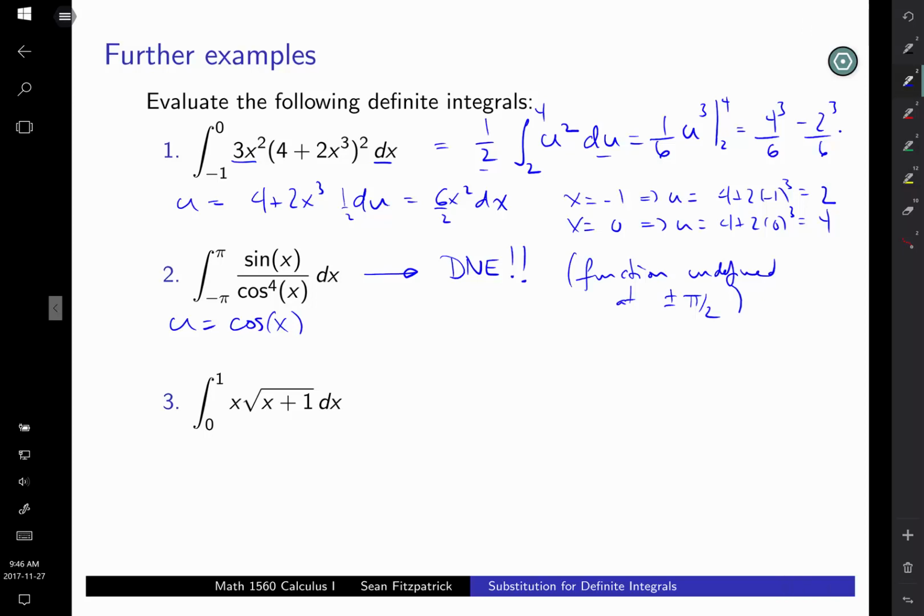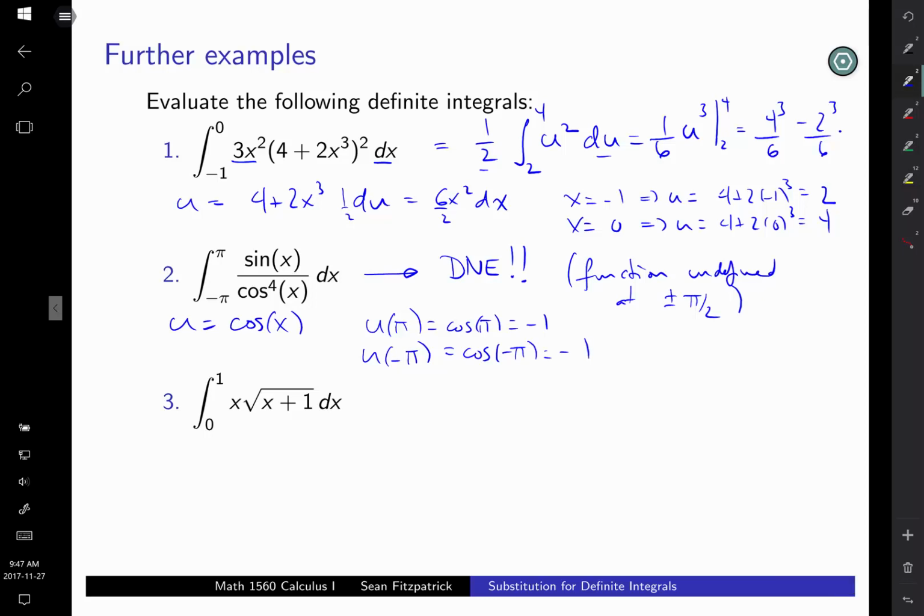If we were going to continue, we might say, well, when x is equal to pi, u of pi is cos pi, which is -1. U at minus pi, cos of minus pi, is also -1.